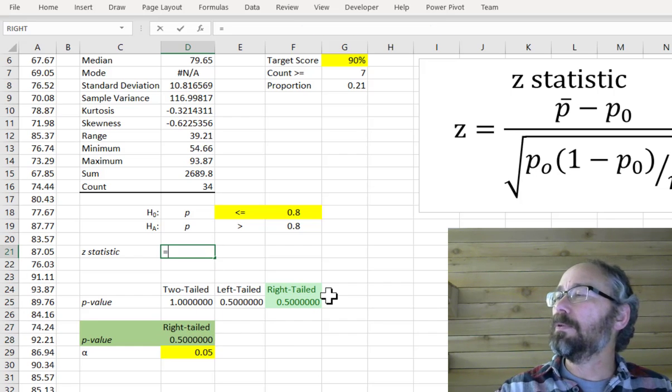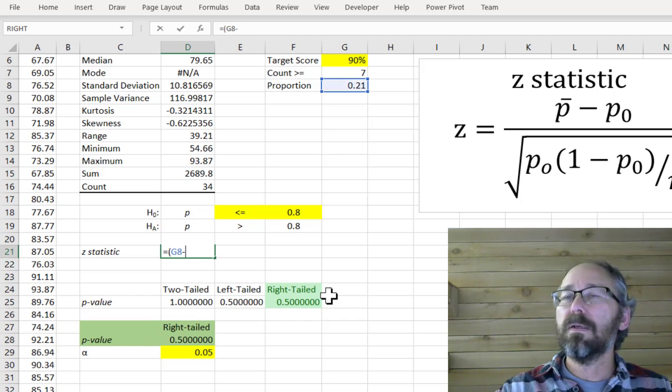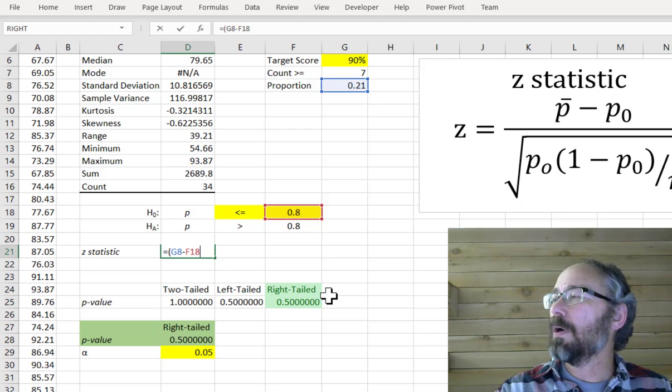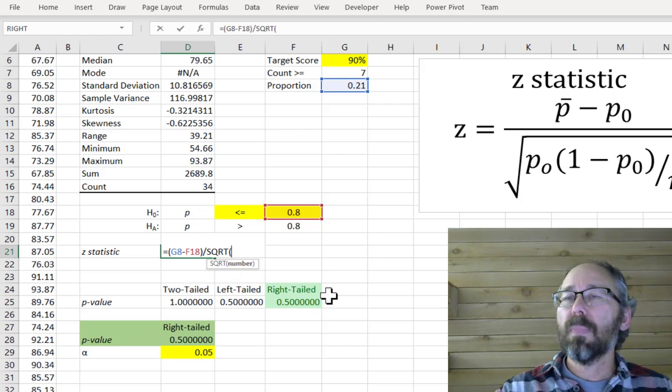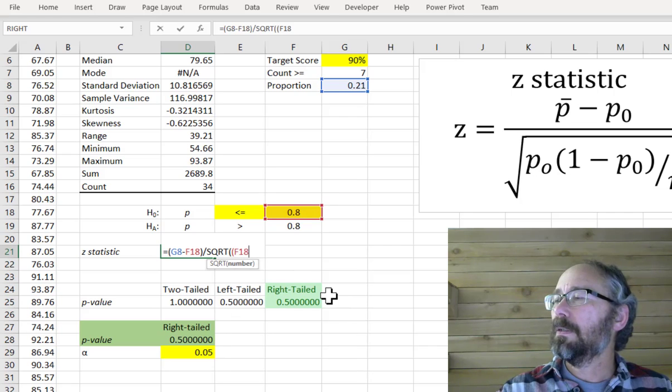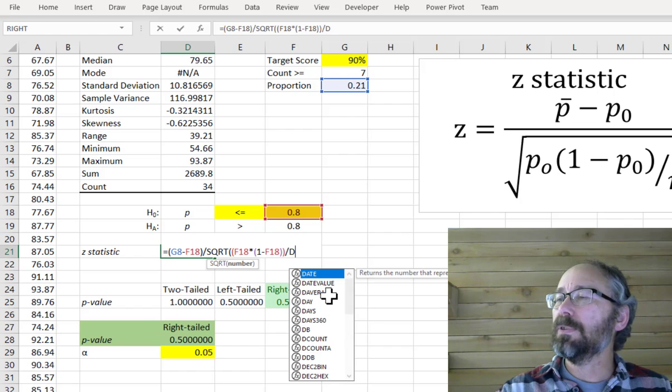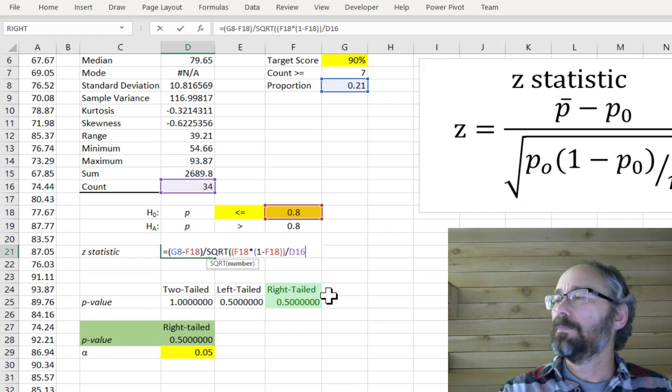So this equals G8 minus F18, where that null hypothesis value is, divided by the square root of F18 times 1 minus F18, and all of that divided by our count, which was D16.